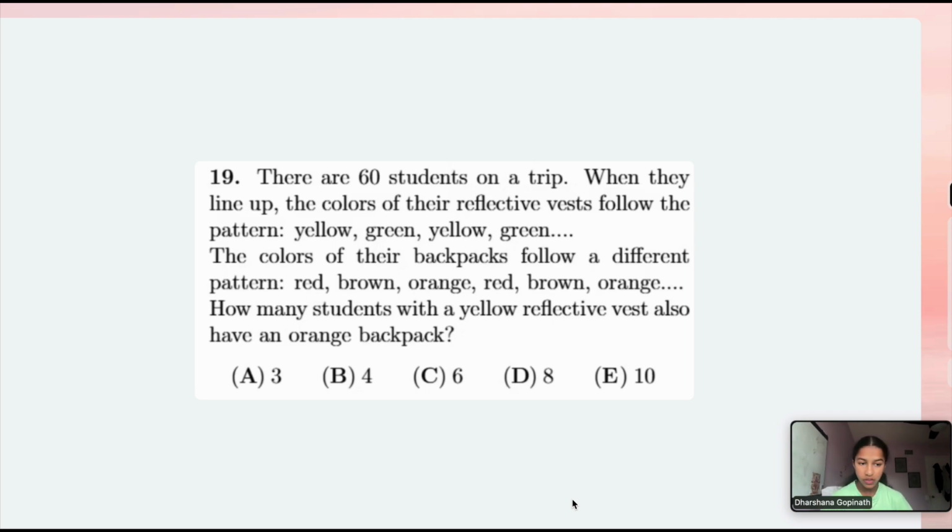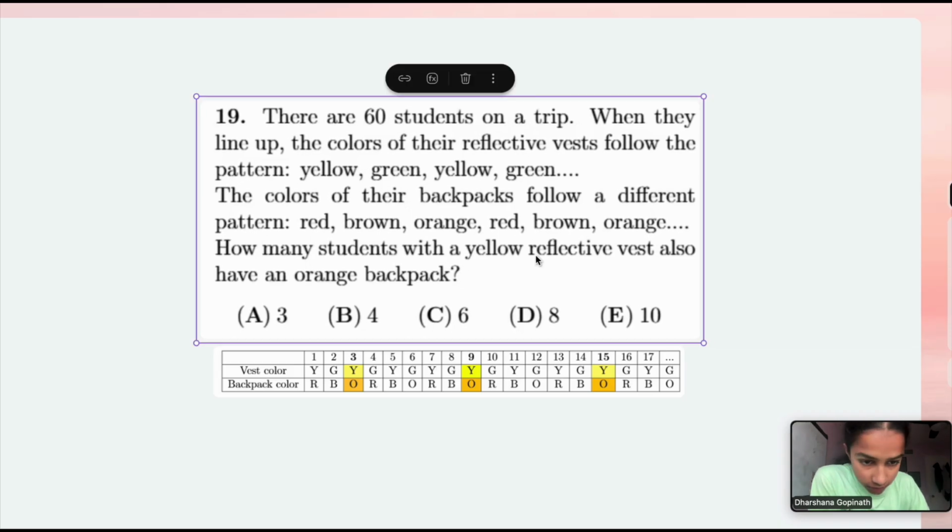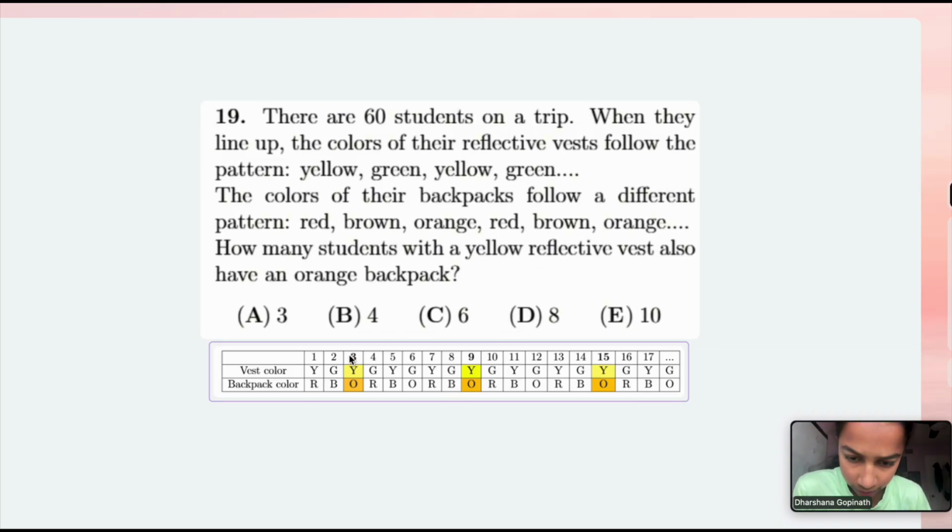So to help us with this problem, I made this table for the first 18 students. And other than the third one here, we can see that the yellow vest and orange backpack repeats every 6 students.